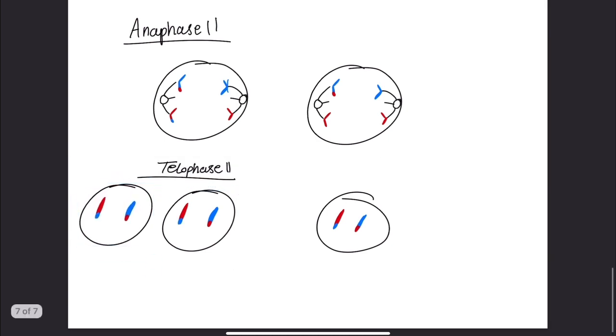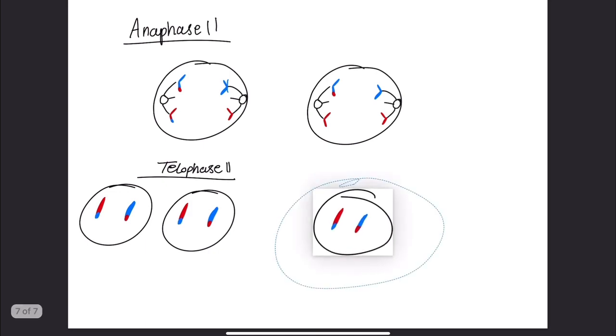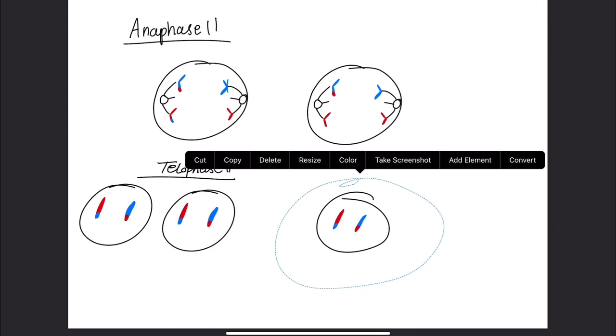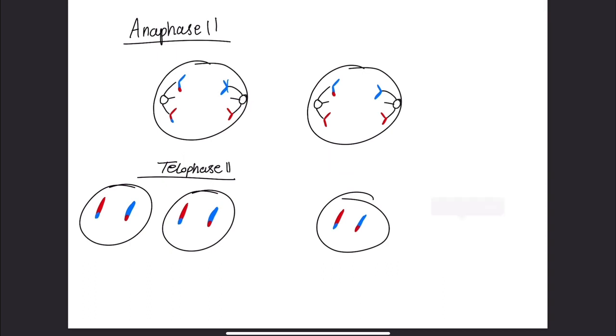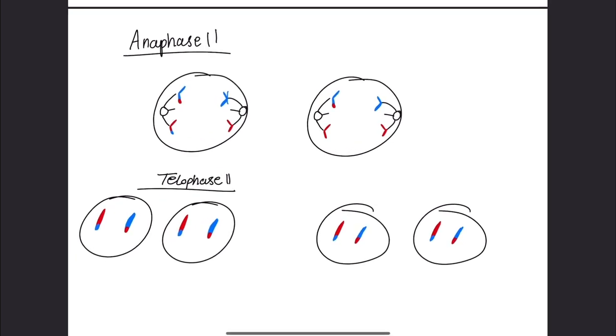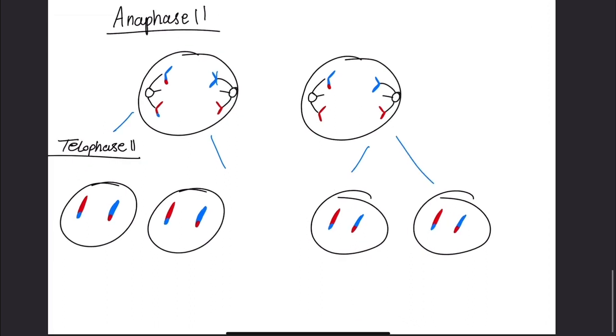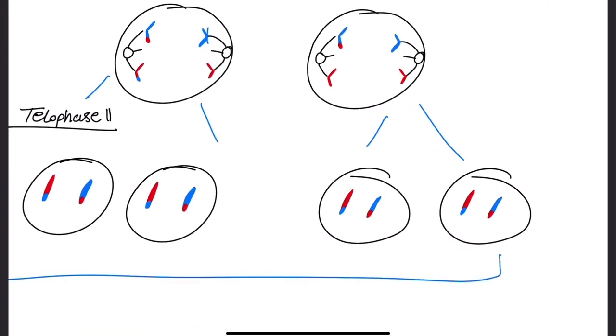Copy, and then paste. This is it, really. This is my two cells, and this is my two cells. Now I officially have 4 daughter cells.